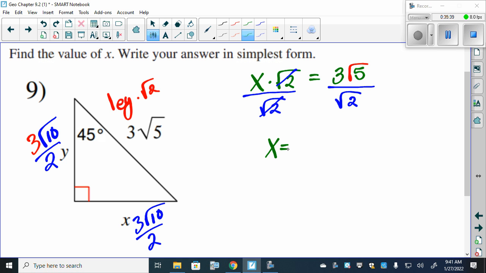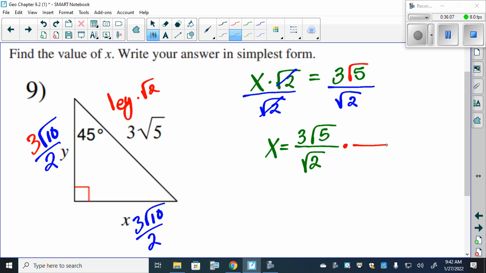Now, if we type this into the calculator, what are we going to get? 3 square root of 10 over 2. Now, that might look a little crazy for why we're getting that. But what we're doing is we're taking 3 square root of 5 over the square root of 2.